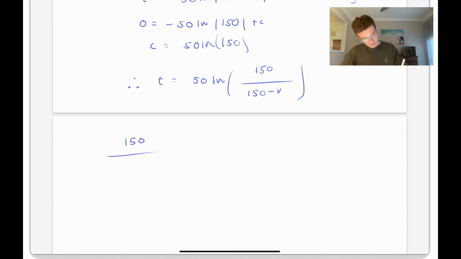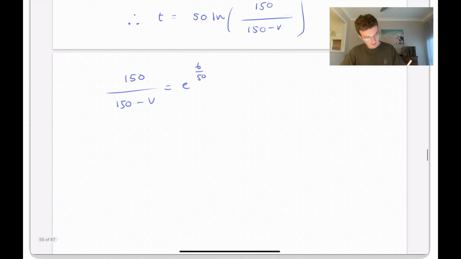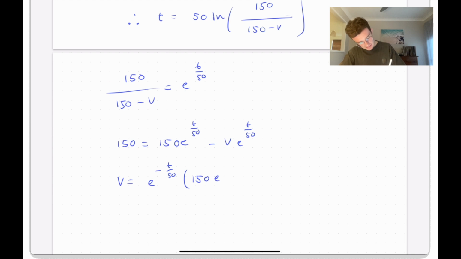So we've got 150 over 150 minus v is equal to e to the t on 50. Let's times everything over. So we're going to get 150 is equal to 150 minus v, e to the t on 50. Plus that over, minus that over, we're going to get velocity is equal to e to the minus t on 50 by dividing it over, is equal to 150 e to the t on 50 minus 150.